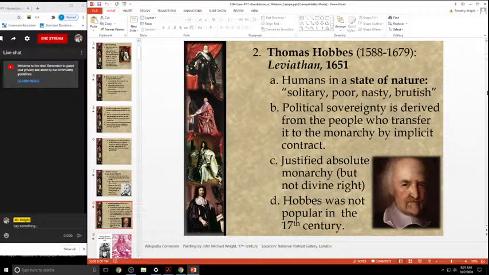Okay? And so when Thomas Hobbes wrote this book, Leviathan, in 1651, he basically said that political sovereignty is derived from the people who transfer it to the monarchy by implicit contract.